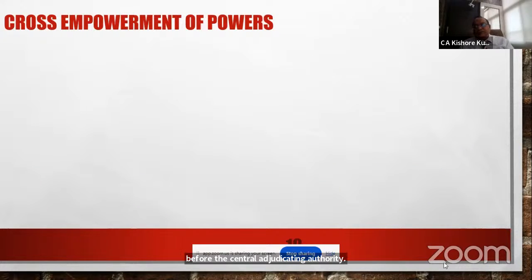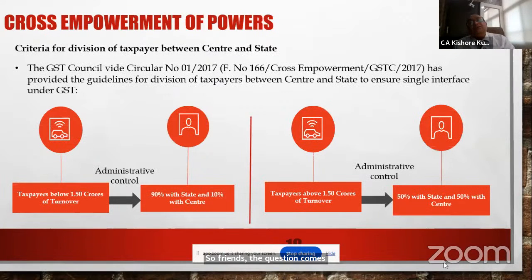So, friends, the question is how to divide a taxpayer between the center and the state. For this, friends, the GST Council has provided some guidance. It says that for taxpayers whose turnover is below 1.5 crore, the administrative control of 90% of such taxpayers rests with the state, whereas 10% will go to the central government.